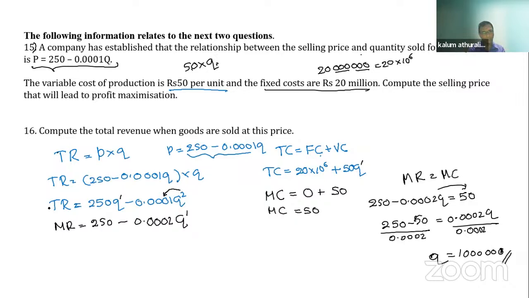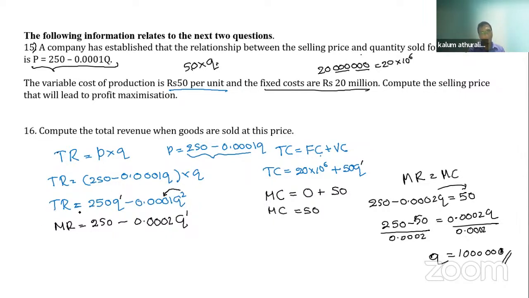Total revenue gives MR, total cost gives MC, total utility function gives marginal utility, and total production function gives marginal production. So one total function you can differentiate to get the marginal.